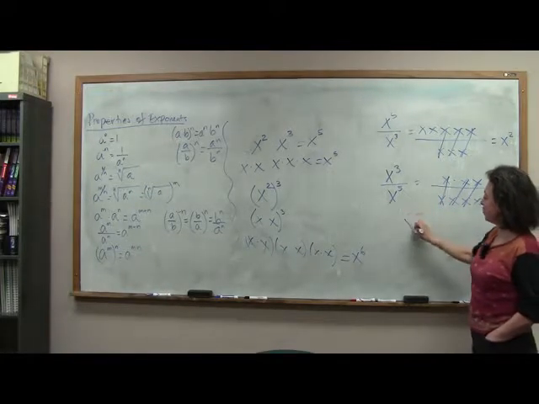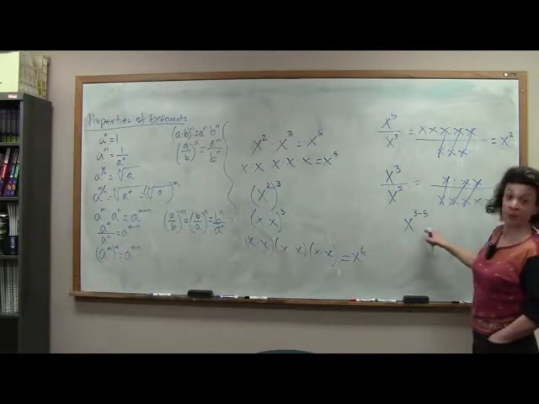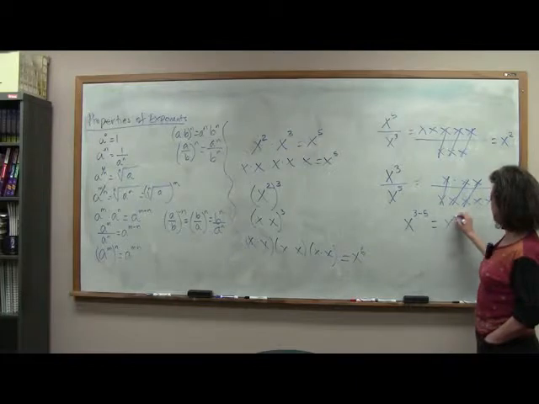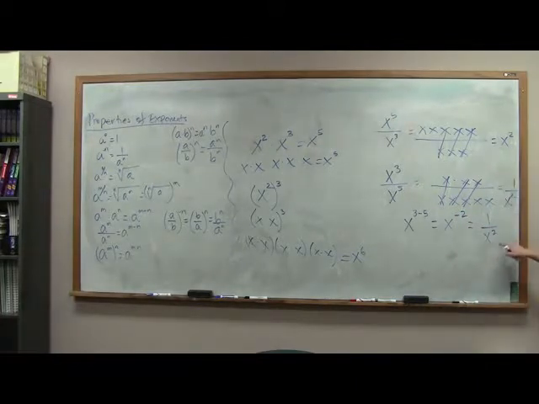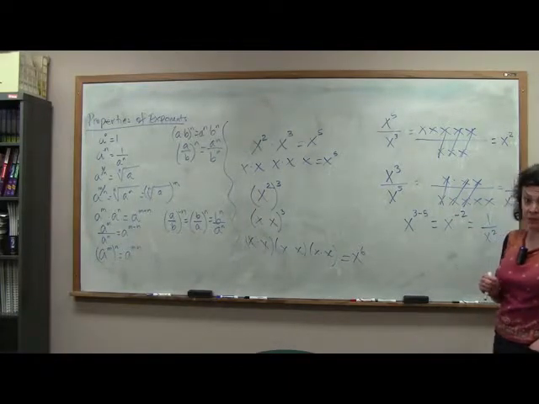Now, if I use that property that we just showed up here, we have x to the 3 minus 5th power, which is x to the negative 2nd, which we've seen is the same as 1 over x squared. The moral of the story, when you have a negative exponent in your numerator, you bring it on down to your denominator. Okay? And in a similar way, if you have a negative exponent in your denominator, in order to make him positive, you bring him up to your numerator.